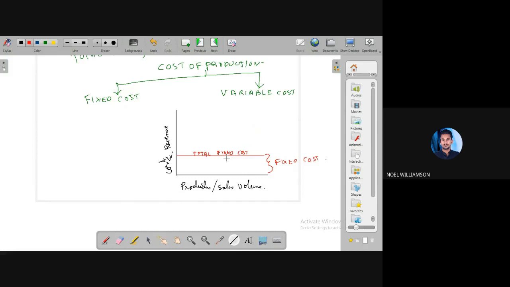It will not depend on the number of products developed, but there will be some amount. Anyway, the variable cost starts at 0 and then moves upwards, and we are assuming that it varies linearly.